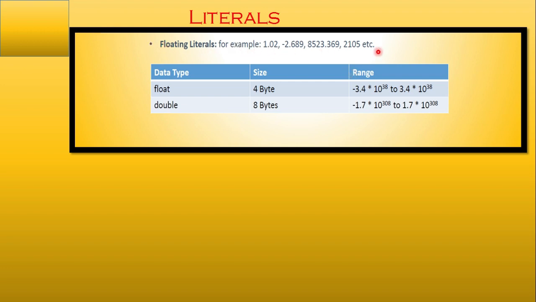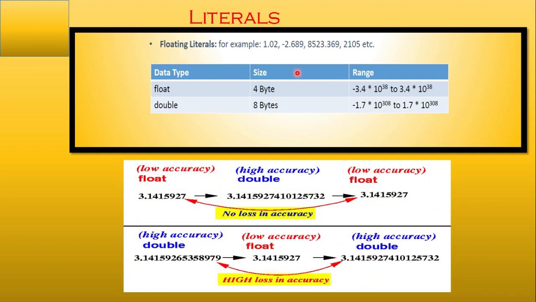These all are examples. I told you this all explanation will be in the next session, not in this one, its range also. So when you write floating literals, you have to remember in Java there are two types of floating literals. One is float, the other one is double.